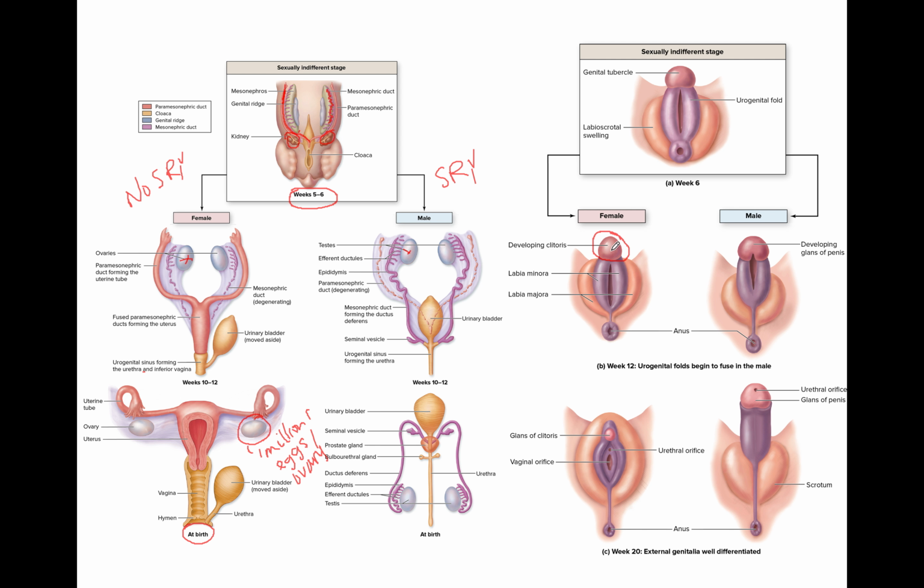The clitoris, instead of being long and external, will actually develop internally here. But for the male, you're going to have the glans penis, or the tip of the penis, which will essentially be the same thing as the clitoris in women.